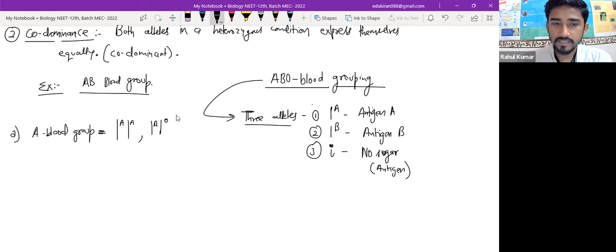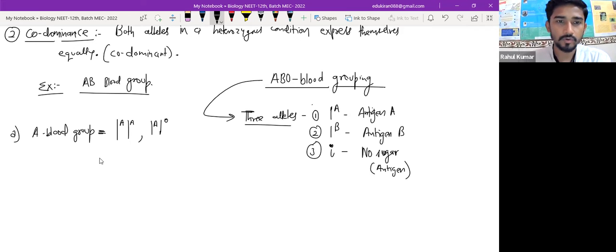This is homozygous, and in this case, IA IO, the law of dominance is being followed because A is dominant over O. O is not expressed at all. Okay, so only A is expressed. So here are two alleles. In the presence of A, I does not express, only A expresses. So here it's normal.